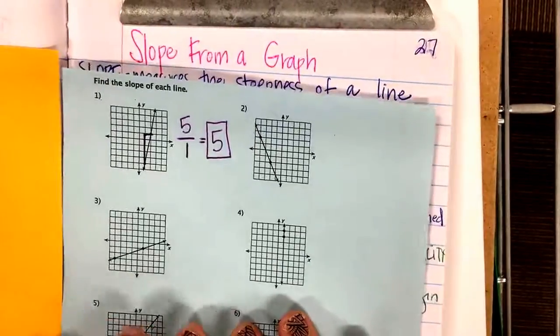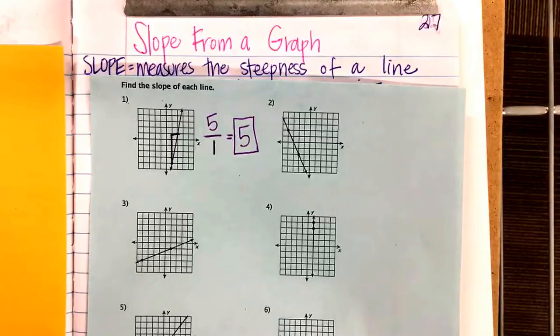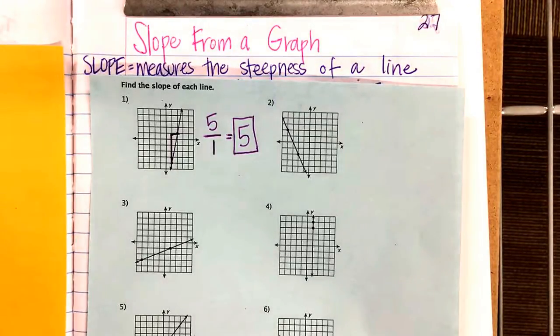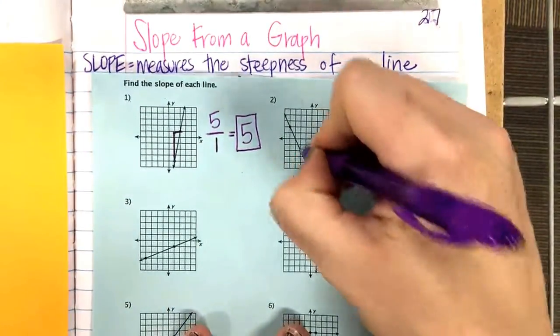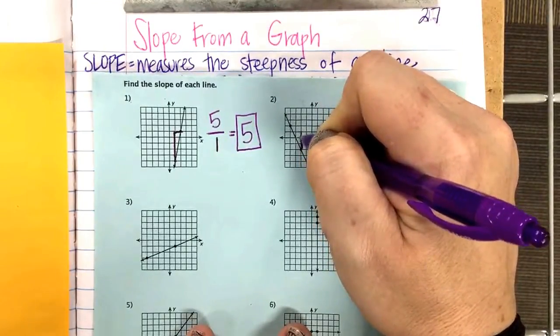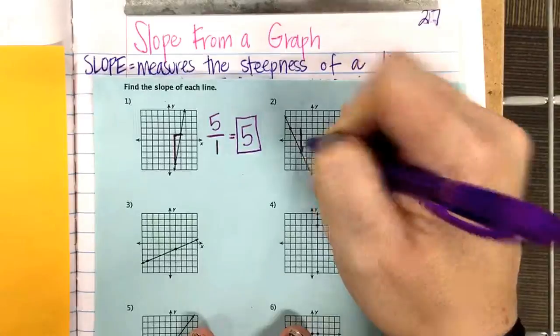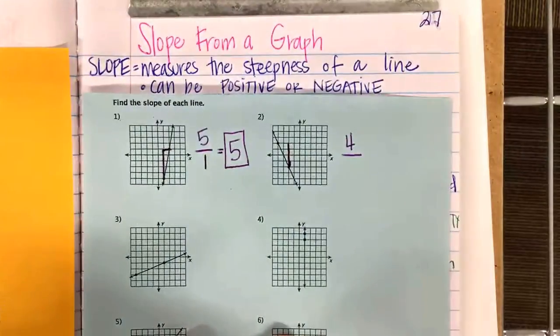Let's try the next one. Find the bottom ordered pair, and you're going to count up until you're parallel with the top ordered pair. 1, 2, 3, 4. Agree? Over.